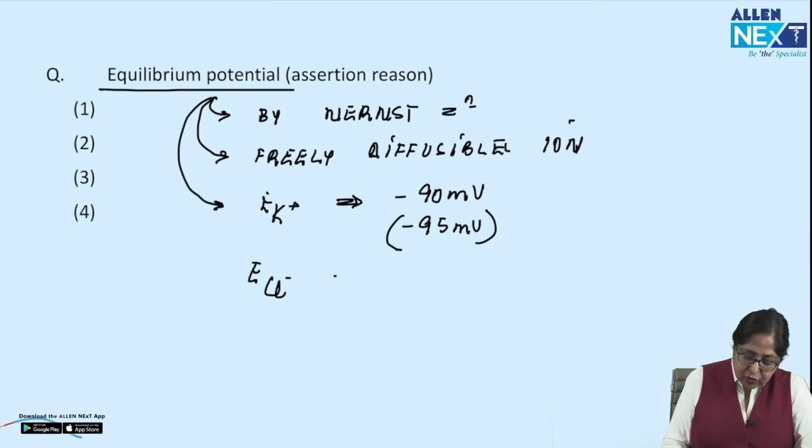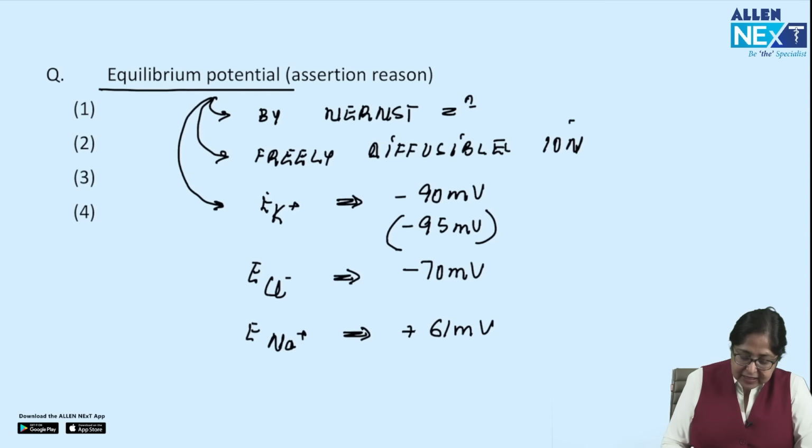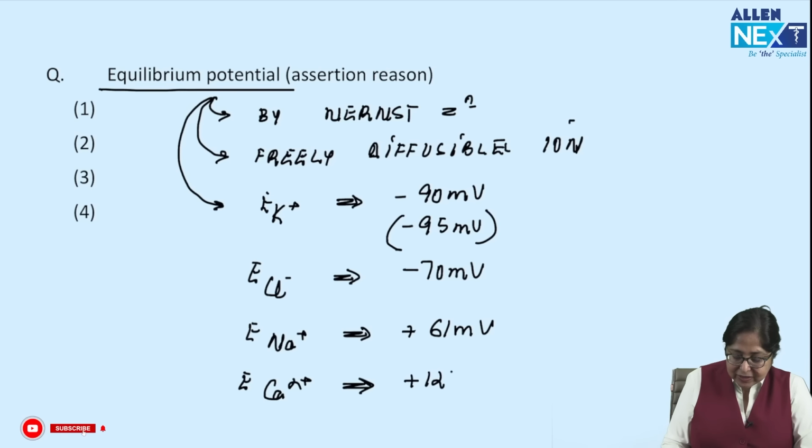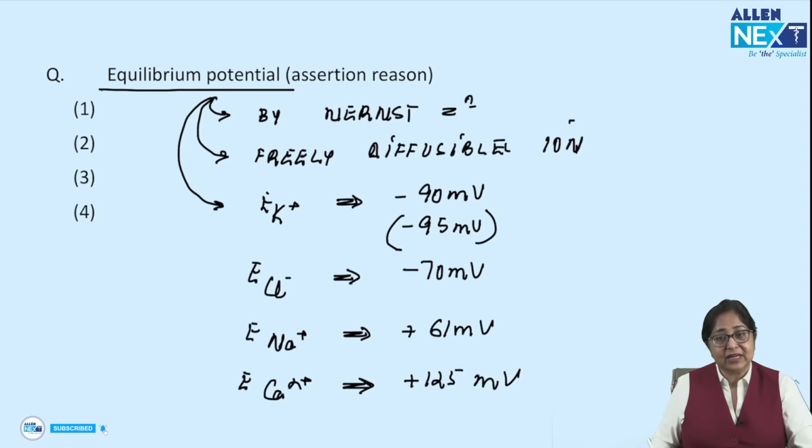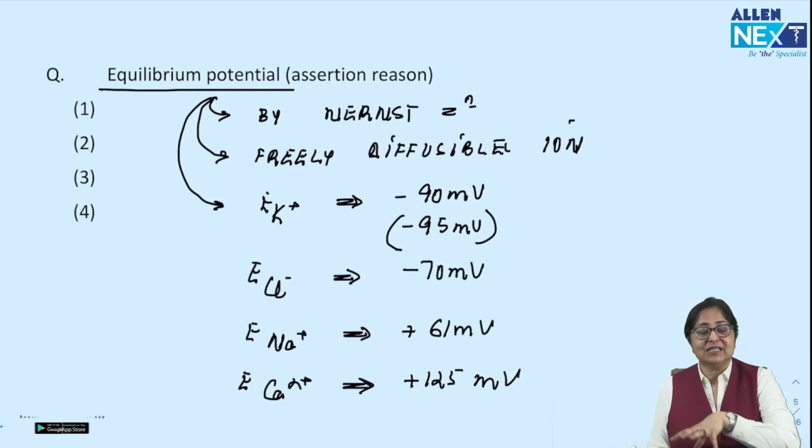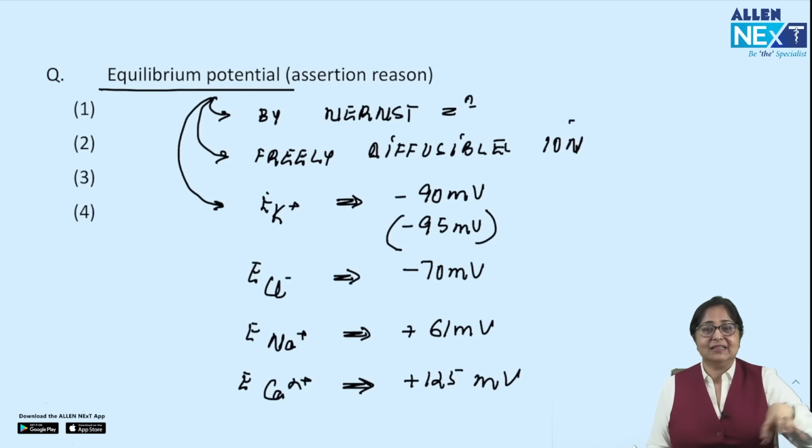Equilibrium potential for chloride is minus 70 millivolts, for sodium it is plus 61 millivolts, and for calcium it is plus 125 millivolts. The important point is that these equilibrium potentials are calculated when the cell membrane is freely permeable to these ions.